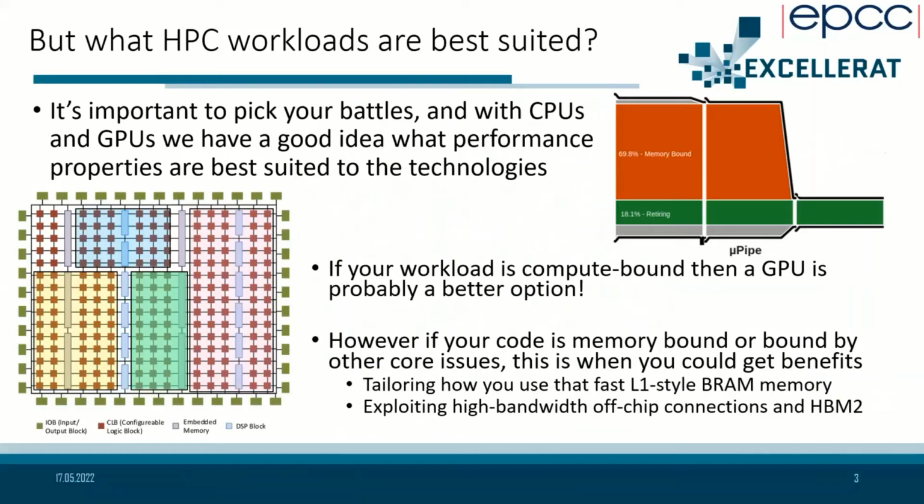But if there's other issues with your code, for instance, if your code is stalling with core bound issues or maybe these memory bound issues here, then potentially that's where this specialization is really helpful, because we can specialize the architecture to suit exactly what we need rather than rely on the general purpose assumptions by some of these other technologies.